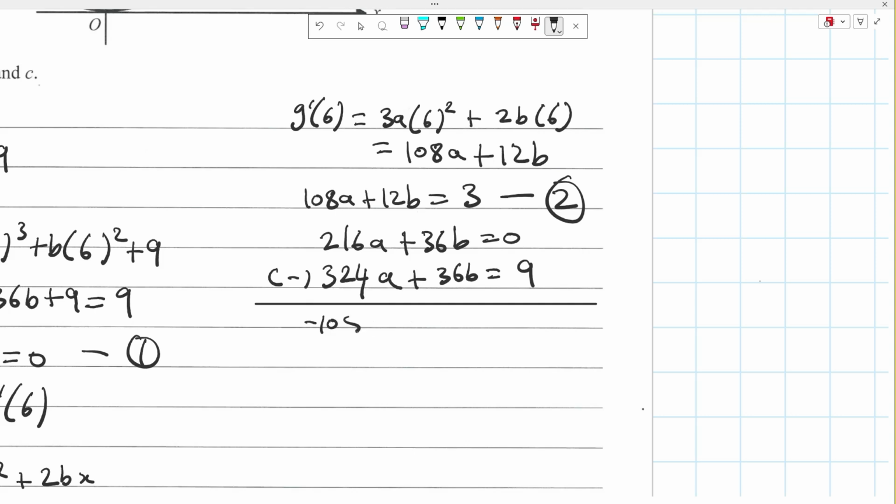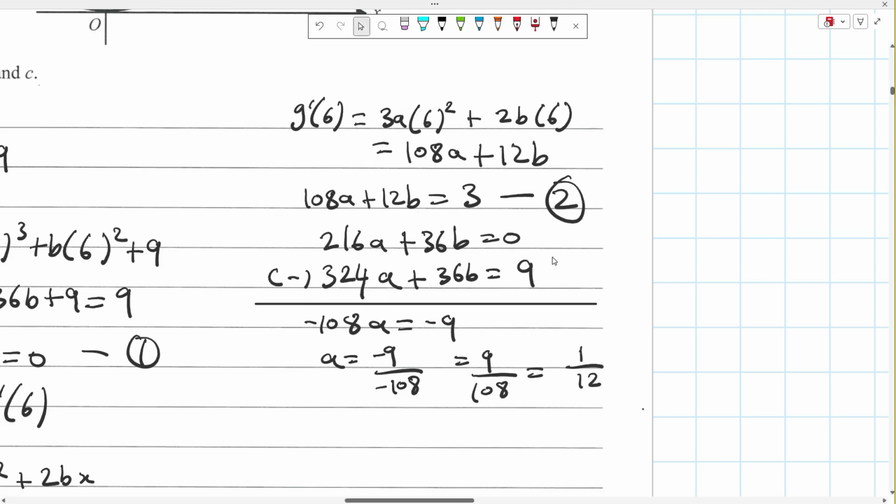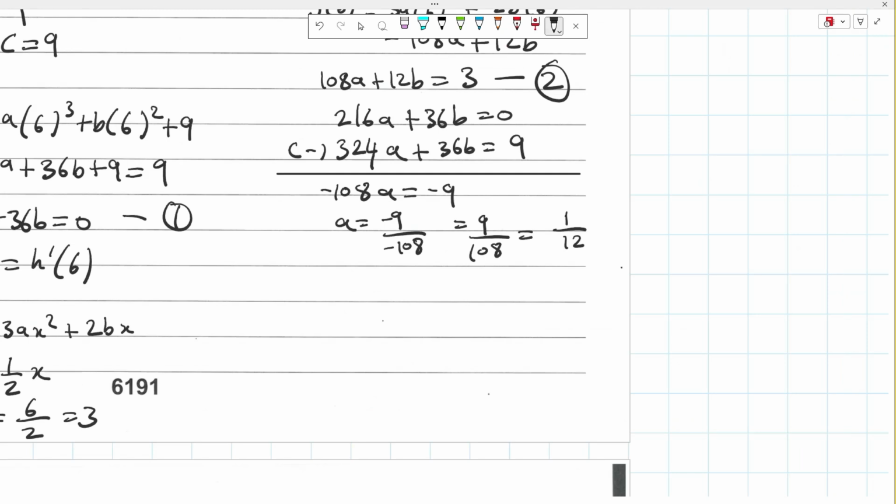So negative 108a, right? The 36b's cancel out, is equal to negative 9. So a is equal to negative 9 over negative 108. That's just 9 over 108. And that's just going to be 1 over 12. So a is 1 over 12.